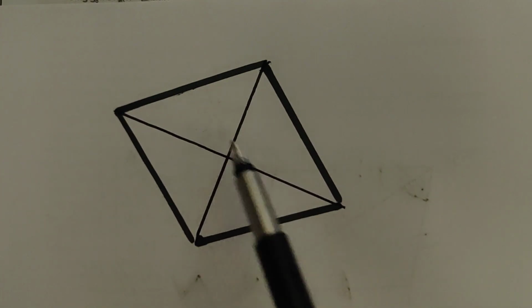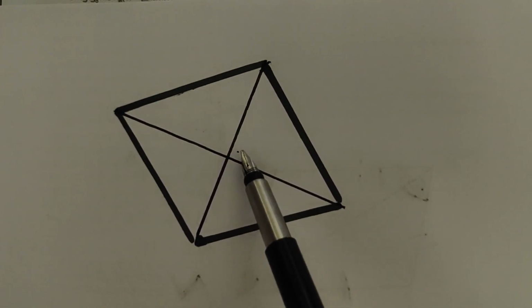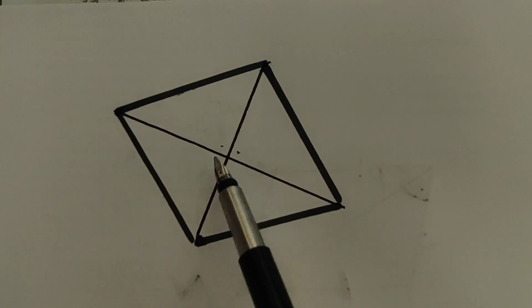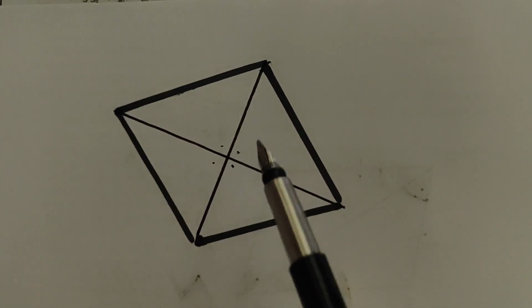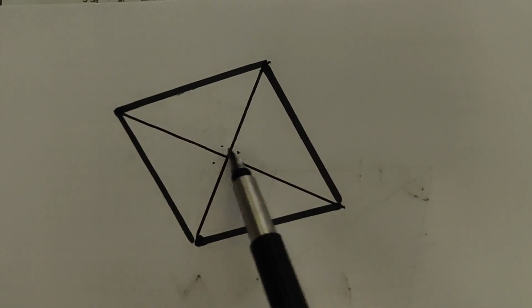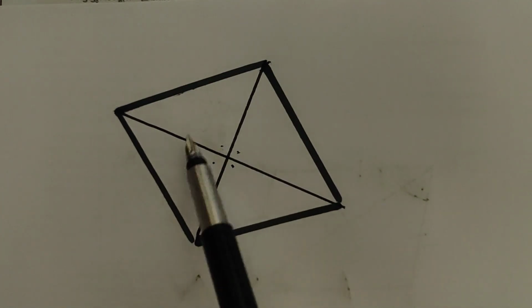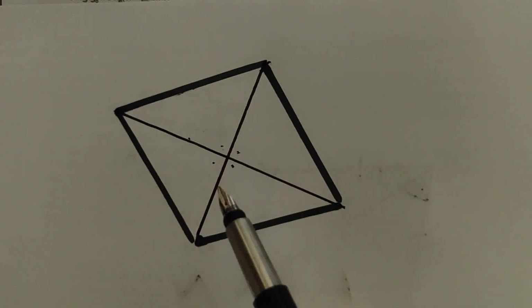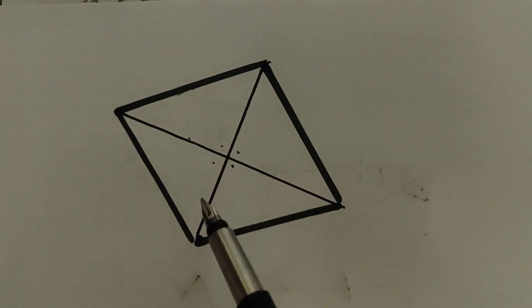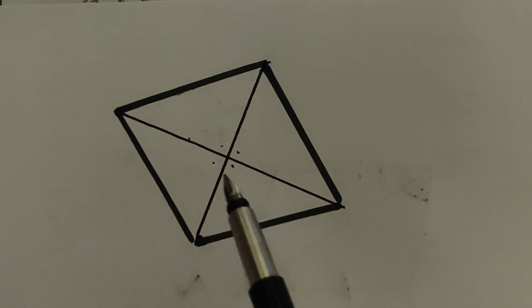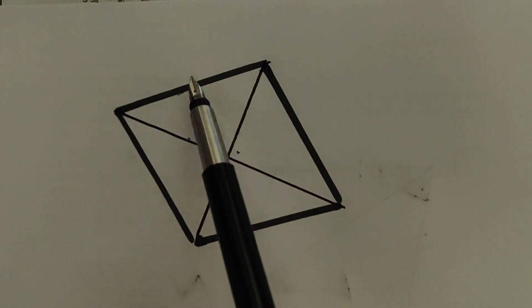And also these two side portions are equal. If only one angle is 90 degrees, then all other angles will also be 90 degrees. And also we want to prove that they bisect each other. Two conditions are there.